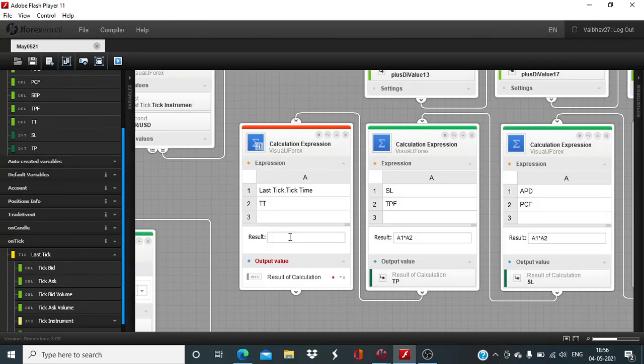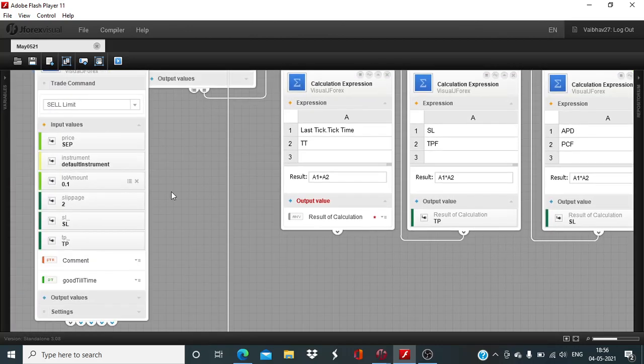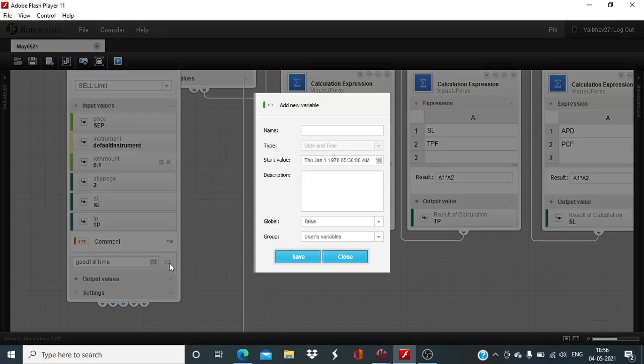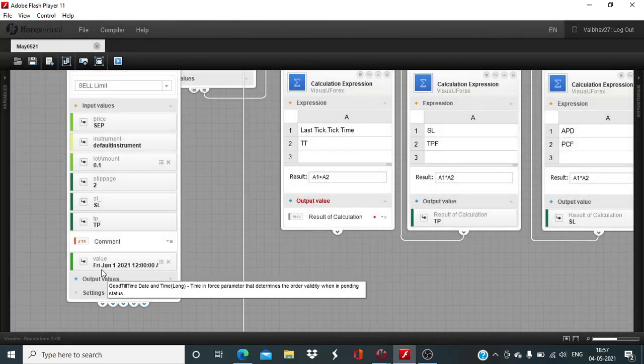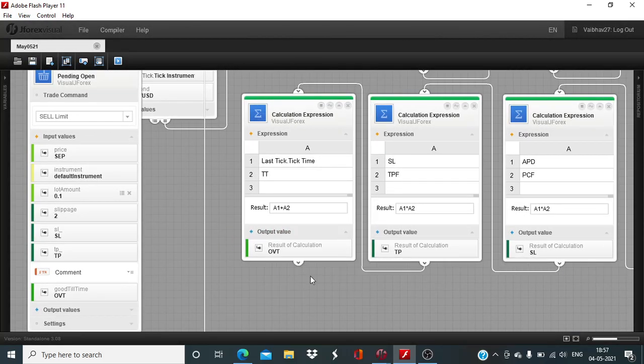And this is going to be A1 plus A2. That's it. Now again data type needs to be long, so I will create the variable here, and simply assign it to the output.